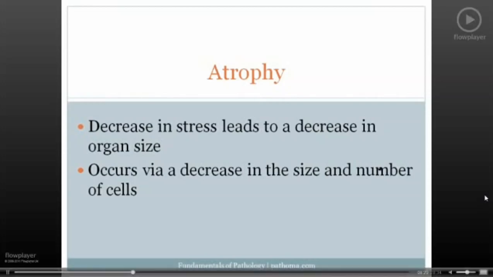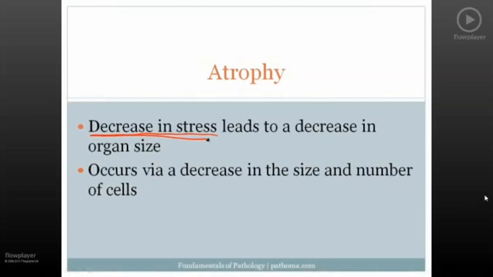Now, the idea with atrophy is that there is a decrease in stress on the organ. So if there's less stress on an organ, the organ will actually decrease in size. And that decrease in size is called atrophy. Now, again, really no rocket science. If an organ is going to decrease in size, there's really only 2 ways for that to occur.